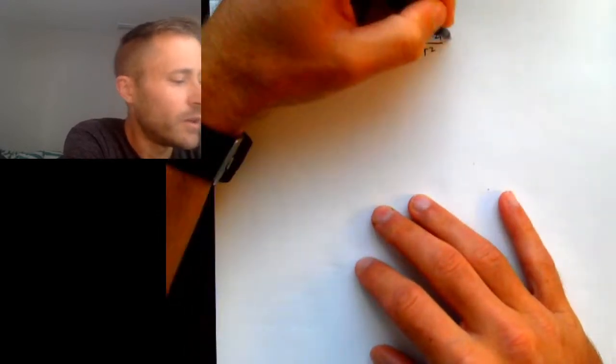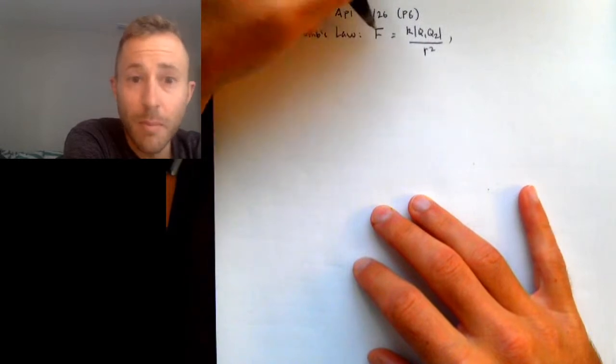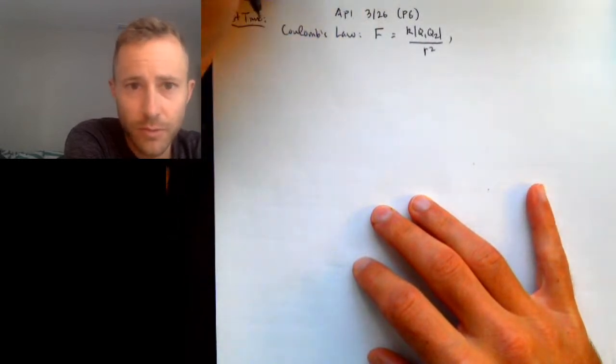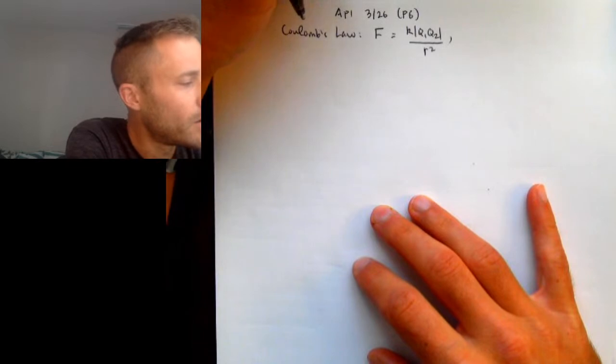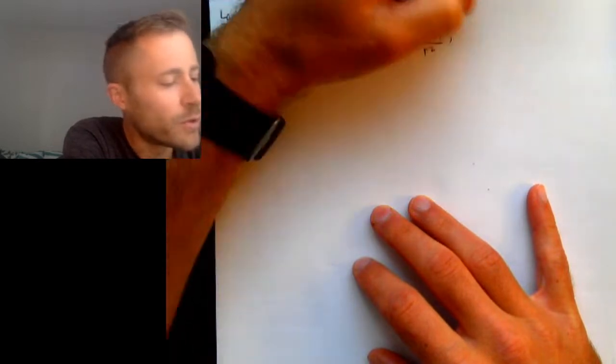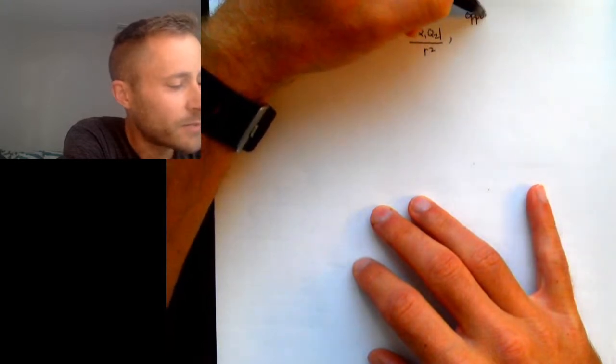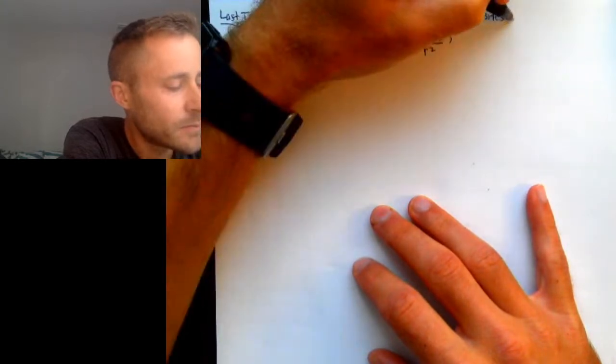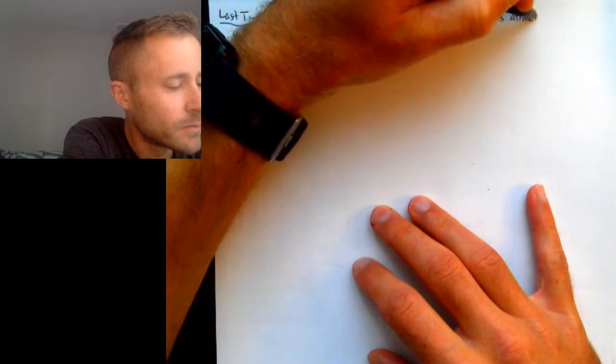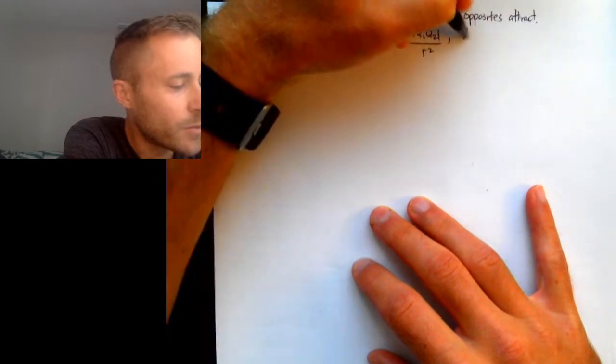That's the magnitude of the electrical force. And then the rule for the direction is that opposites attract, likes repel.